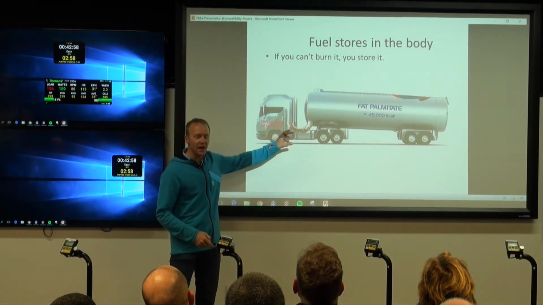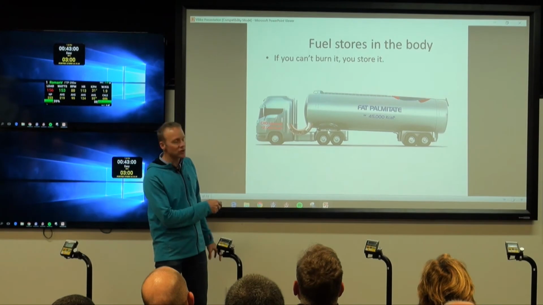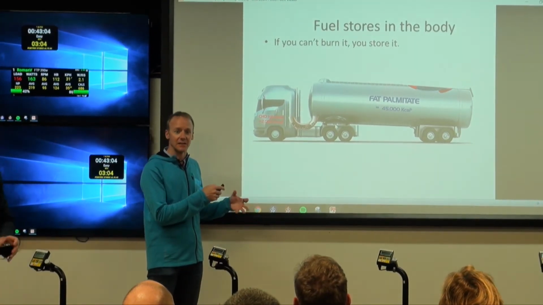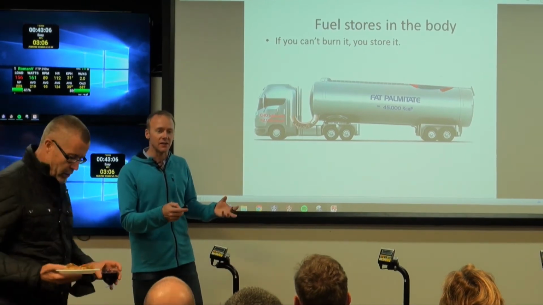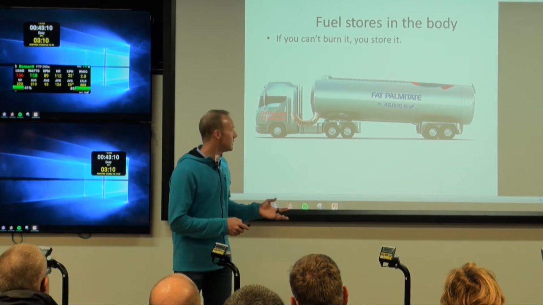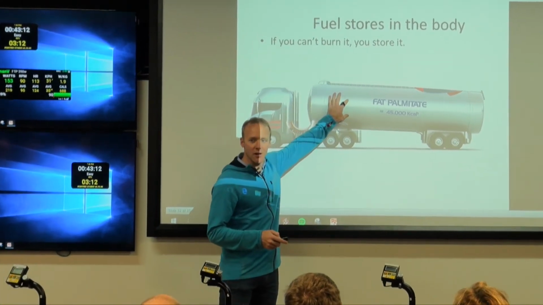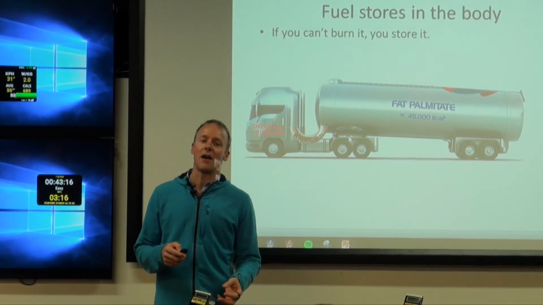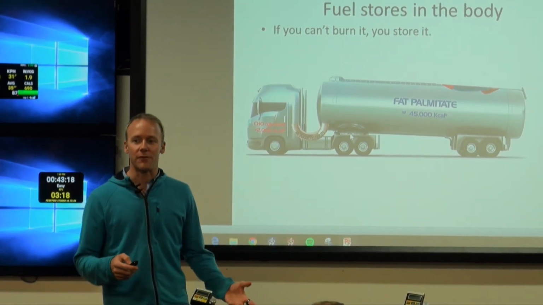And isn't it kind of ironic that with a tanker truck full of gasoline, this is us, we can go down and all of a sudden we bonk. Yet sitting on board is arguably an unlimited amount of petrol in the form of fat.